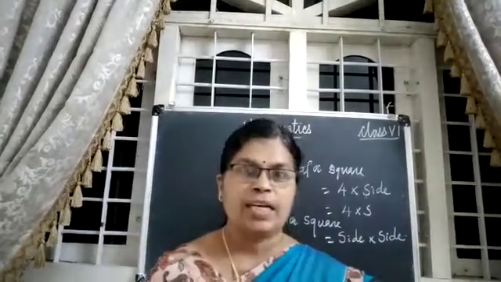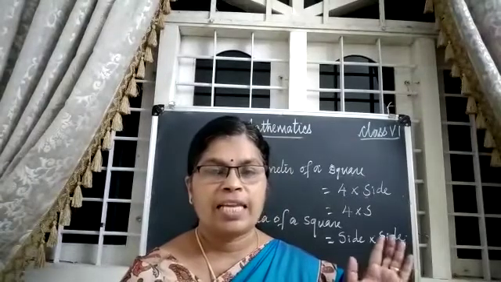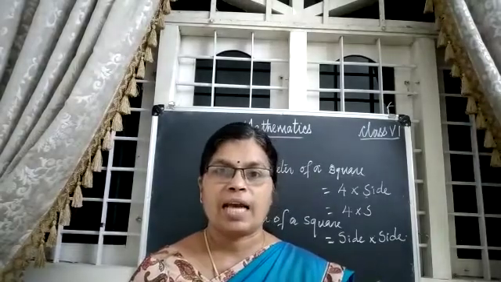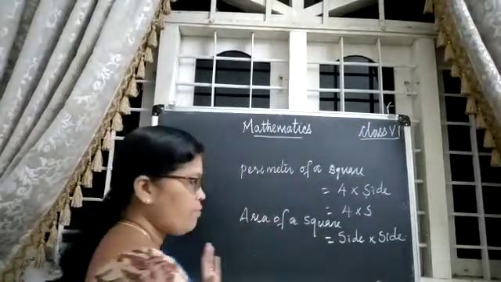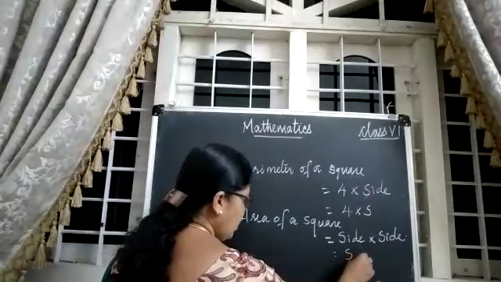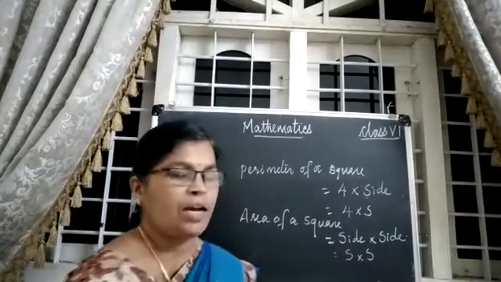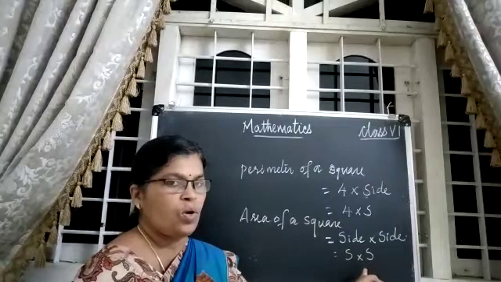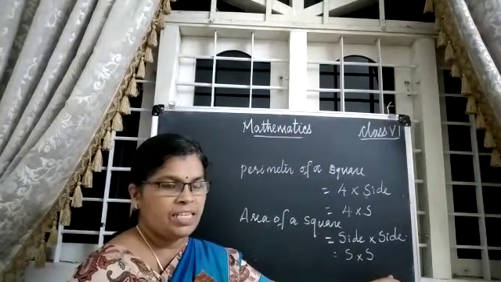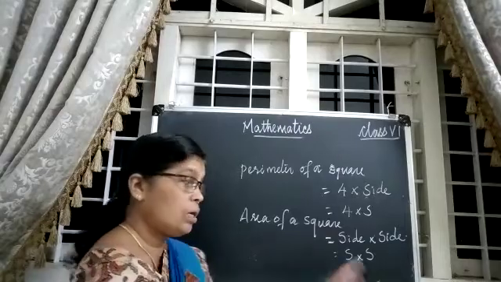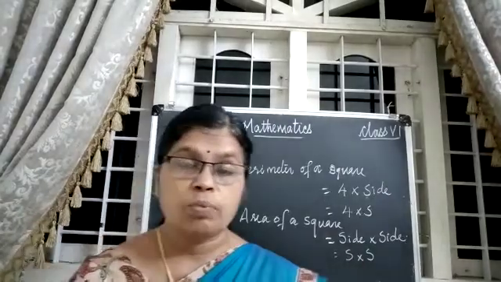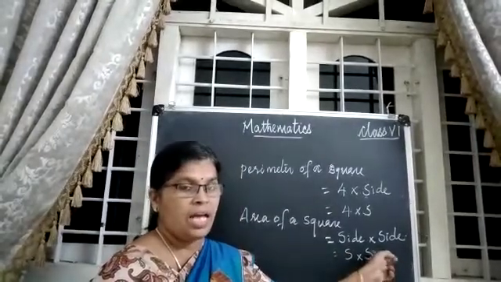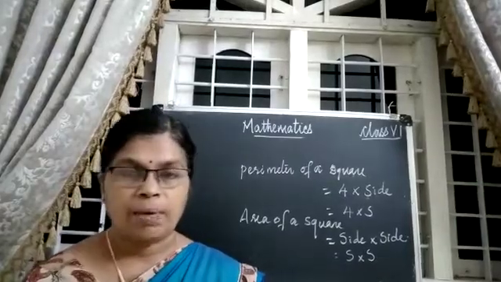It was a formula you studied in the last lesson. So instead of writing side, only use the first letter, that is S into S. What is S? Side of the square, right? So area of a square is equal to S into S. This is also an algebraic expression. Why? Because there are variables and there is the operation multiplication.